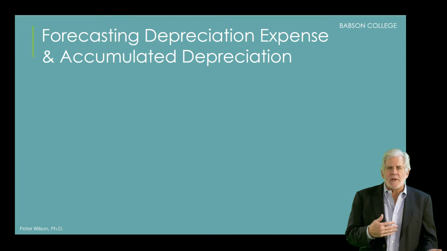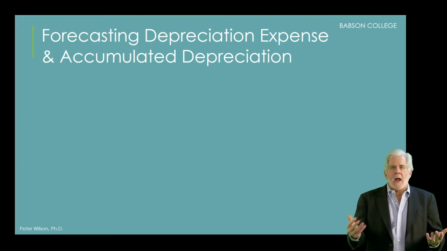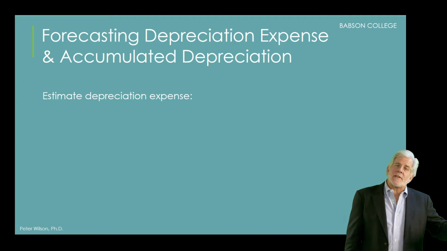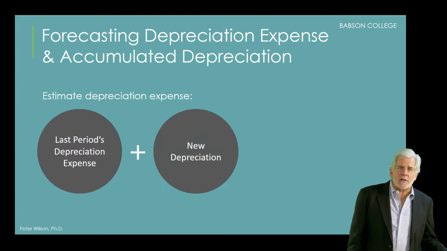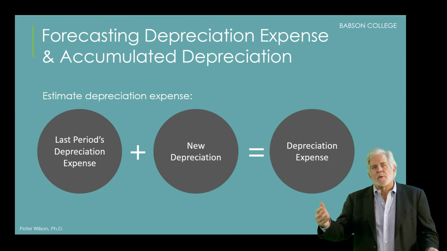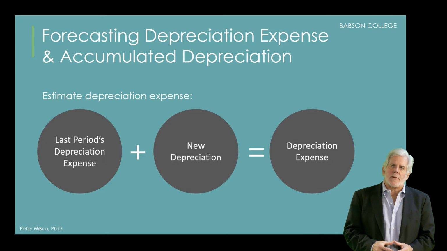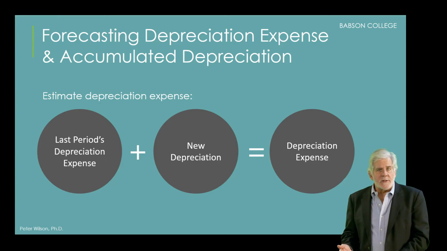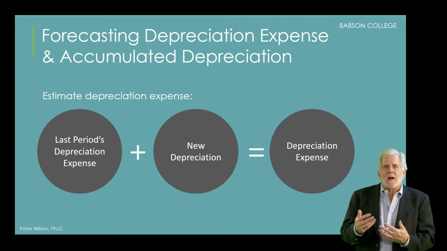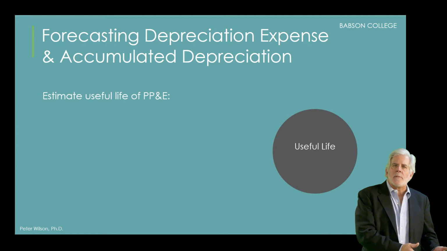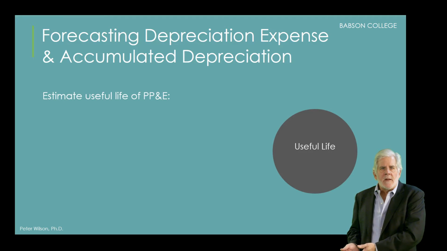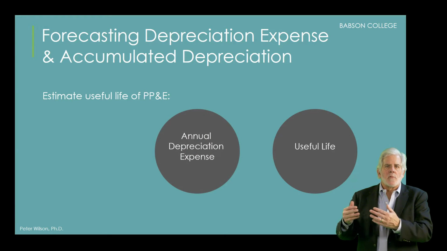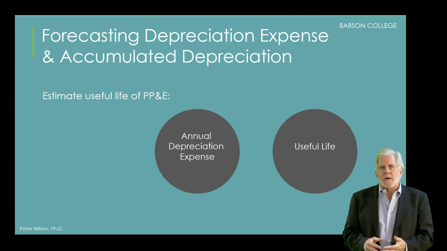Again, assuming no change in PP&E except for any planned capital expenditures, depreciation expense can be expected to be the same as last period's depreciation expense, plus any new depreciation on the new capital expenditures. To estimate depreciation expense on new purchases, you must have some idea of the time period over which the firm depreciates its PP&E. You can do this by comparing annual depreciation expense with the original cost of the PP&E.